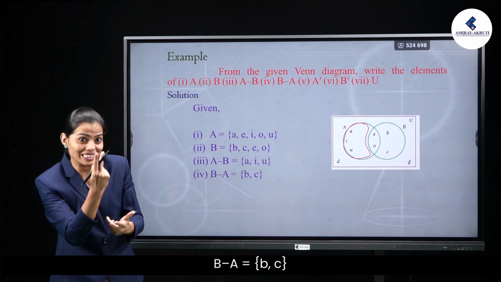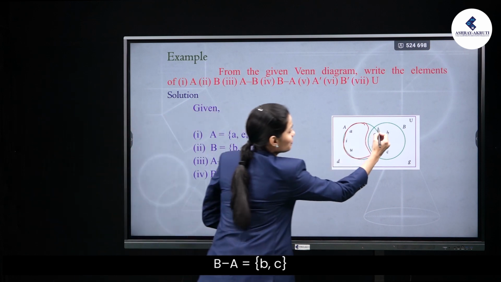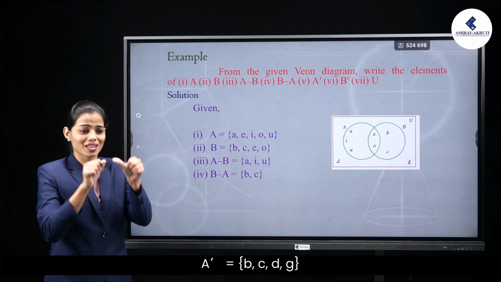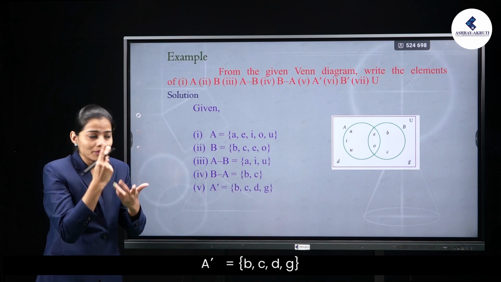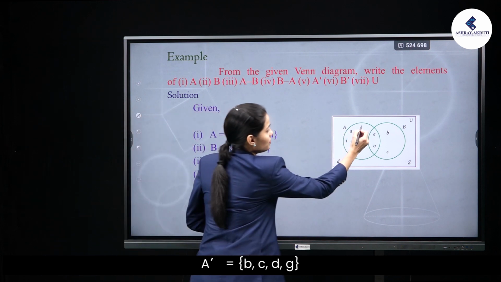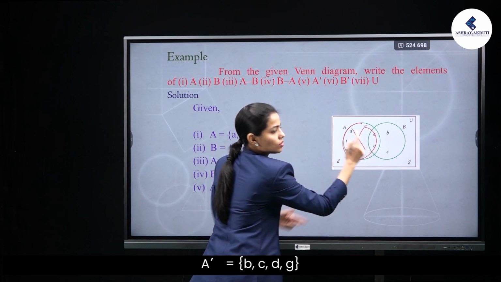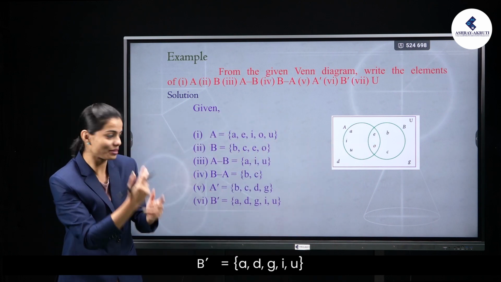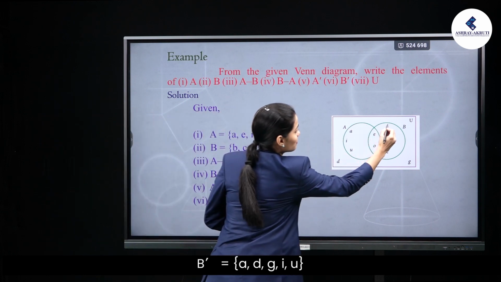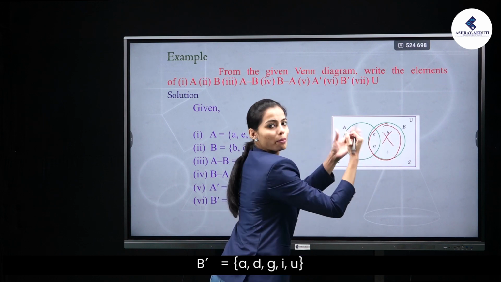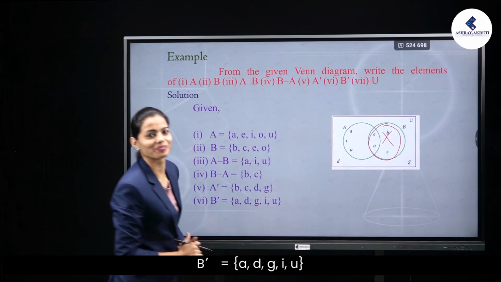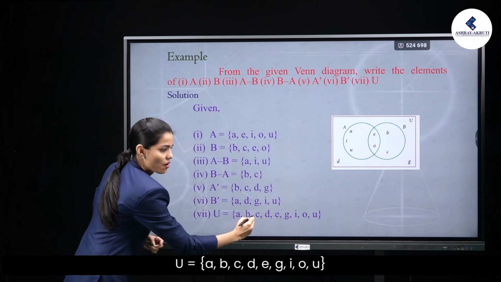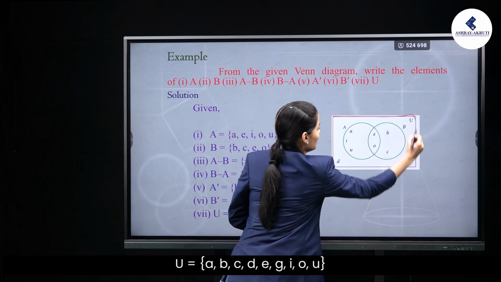B − A = {B, C}. A' = {B, C, D, G}. B' = {A, D, G, I, U}. Universal set = {A, B, C, D, E, G, I, O, U}.